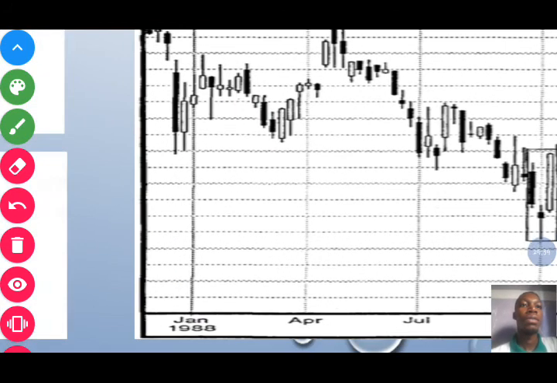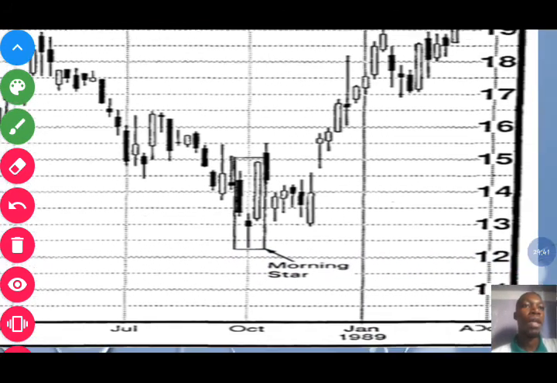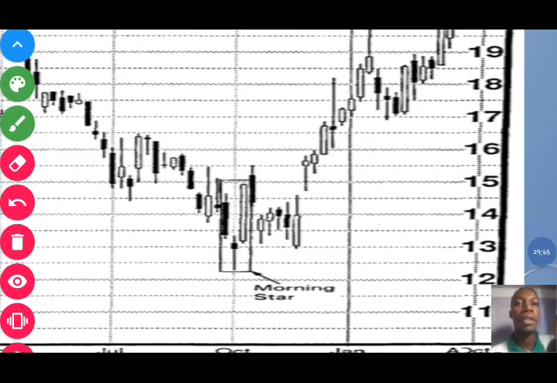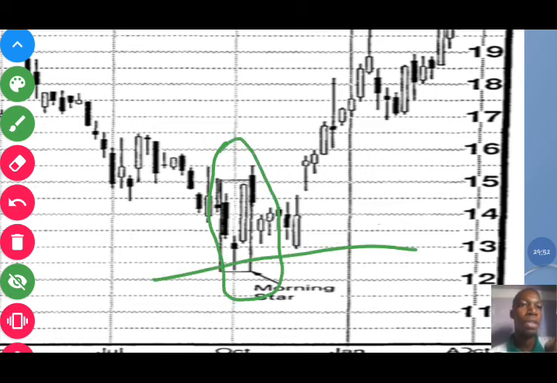All right, we have only one on this chart. This is where you find it, at a support. You see the black candle, and you see the other small bodied candle.